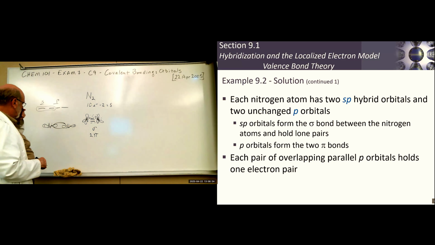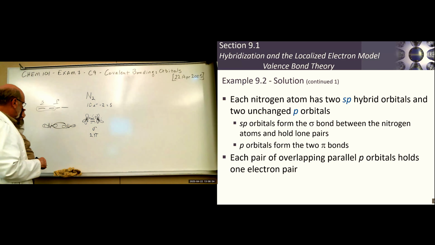Let's see. I hope we have a picture. Yeah, here we go. So there's your nitrogen. It has an sp. Well, actually, I wasn't too far from the truth. One sp points one direction, one sp points the other direction, and you get the sp overlaps to give you the sigma bonds, and the lone pairs are in the others. So this is one of those sp's. I was right the first time. And this is the other sp pointing that direction.